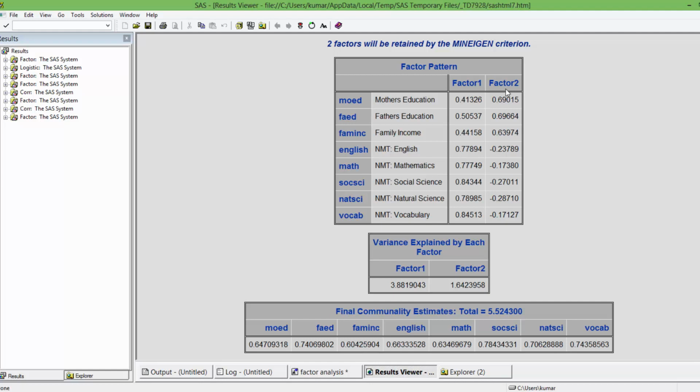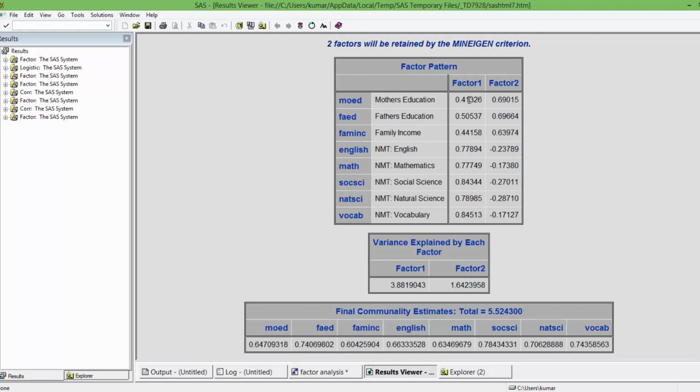Now how do we know that? If you remember my session on factor analysis, what I told is that each and every variable is a linear combination of the factors. Let's take this variable mother's education. So mother's education is a linear combination of factor 1 and factor 2.